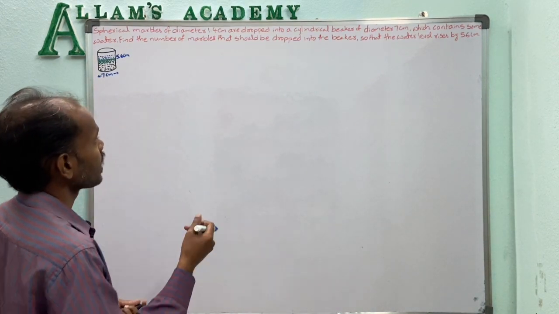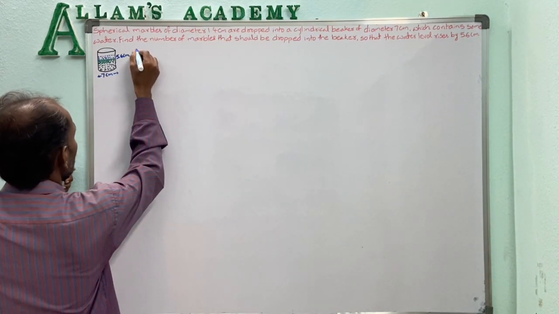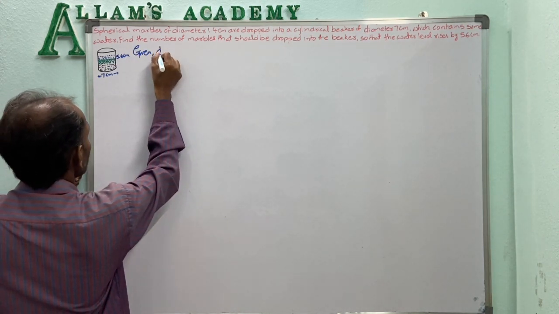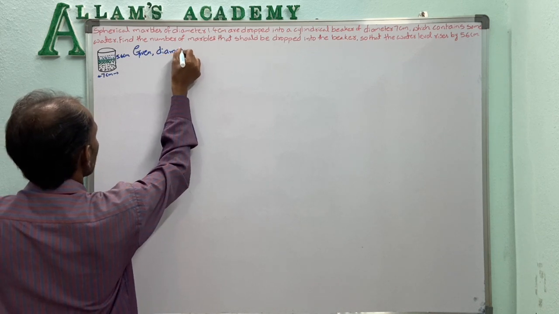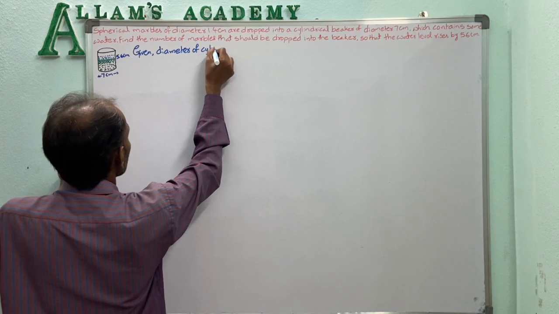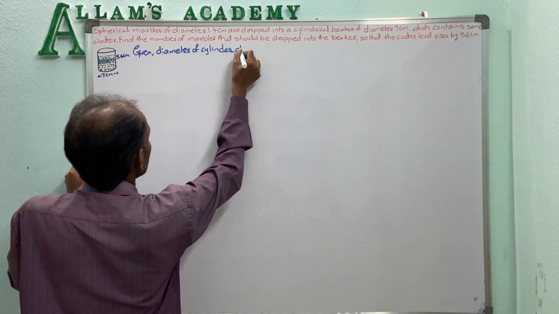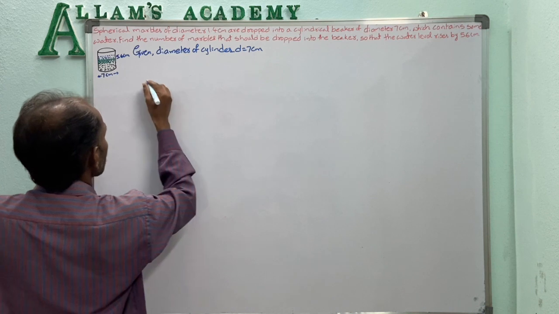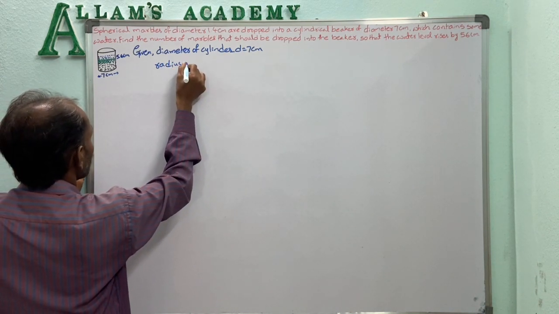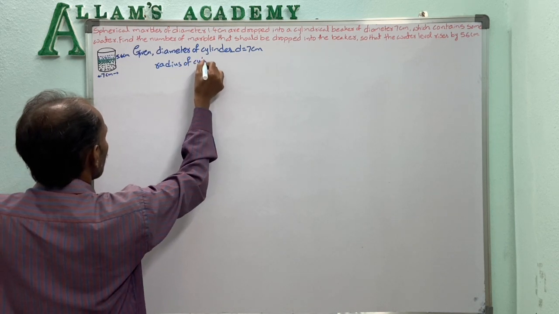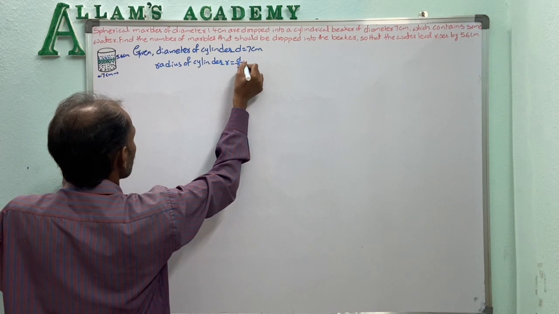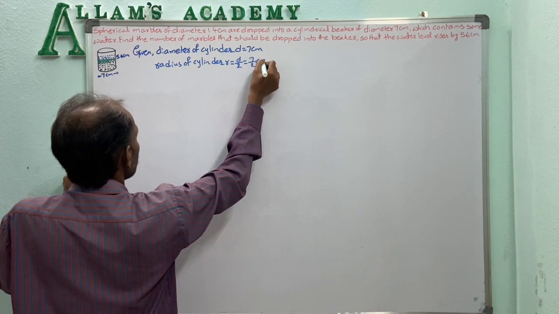For that purpose, writing the given information. So given, diameter of cylinder d equal to 7 centimeters. Next, radius of cylinder r equal to d by 2, that equals 7 by 2 centimeters.